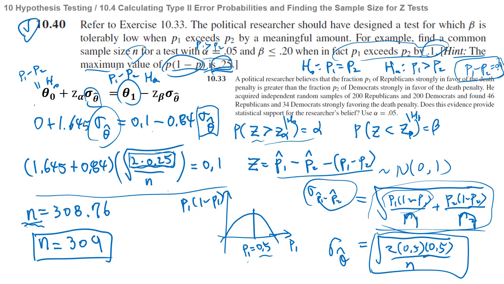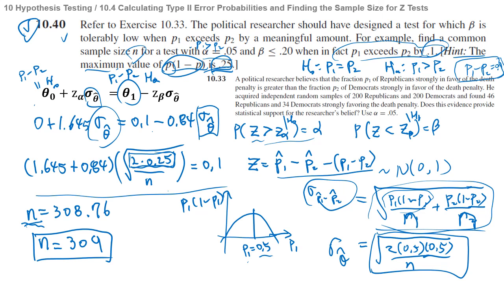Sometimes the problem gives you the p parameter under the null situation and under the alternative situation. In that case, you can put that number when you are solving the problem.